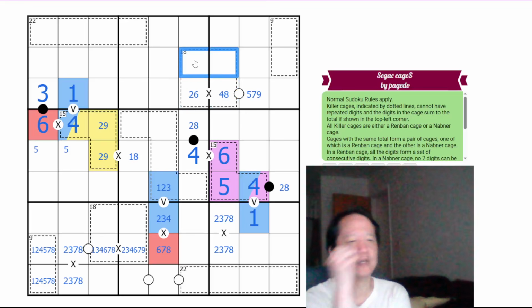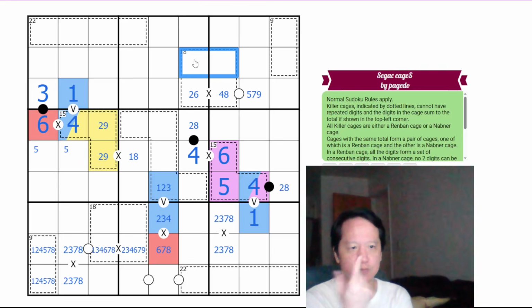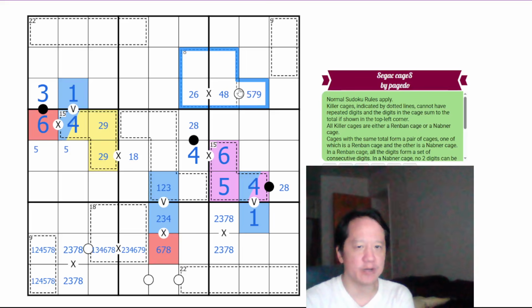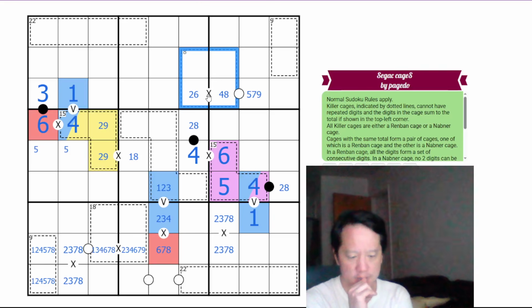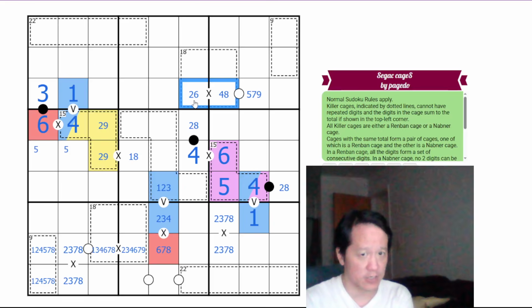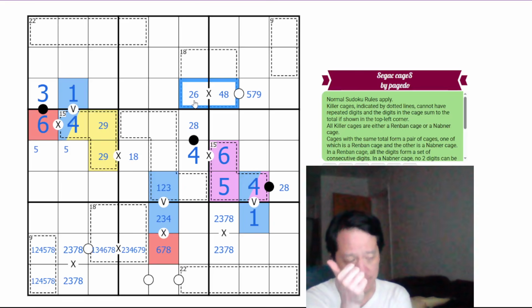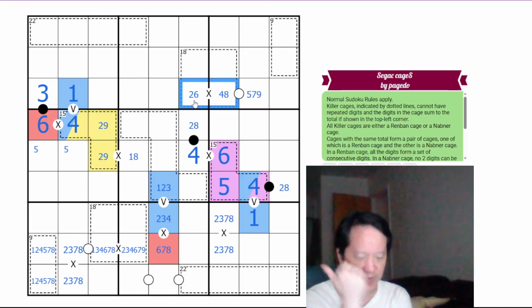So what would the other two digits be? The other two digits would have to add up to 18 minus 10, which is 8. Let's think about this in particular. If we had 4 and 6 here, 4 is consecutive with 3 and 5, and 6 is consecutive with 5 and 7.